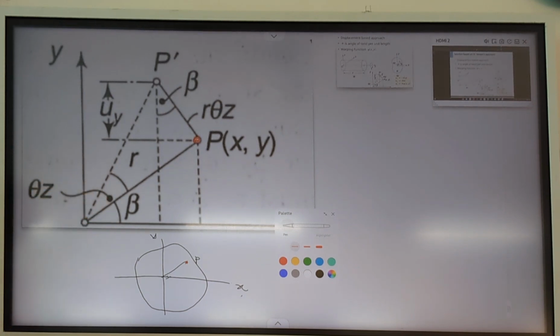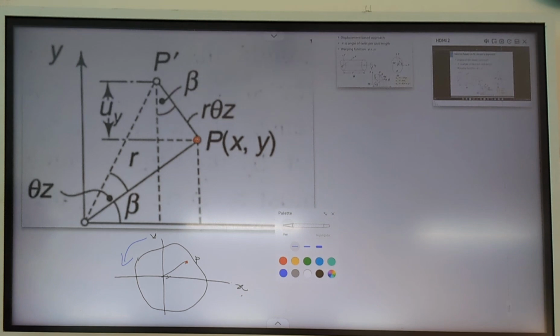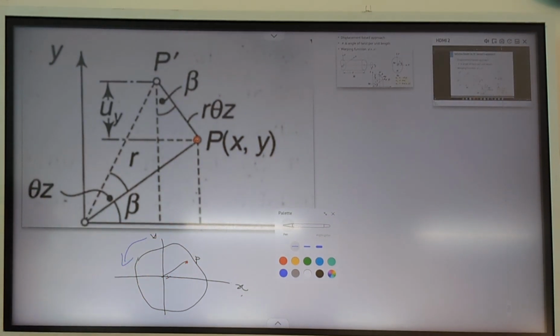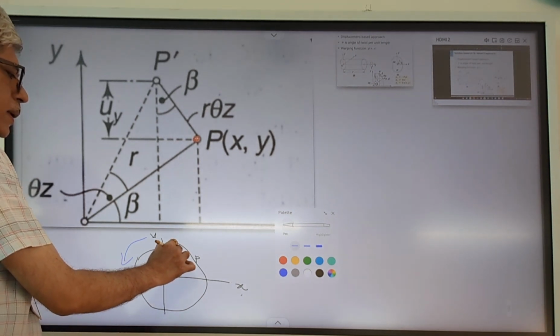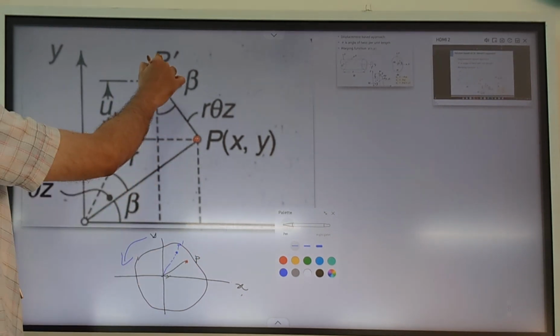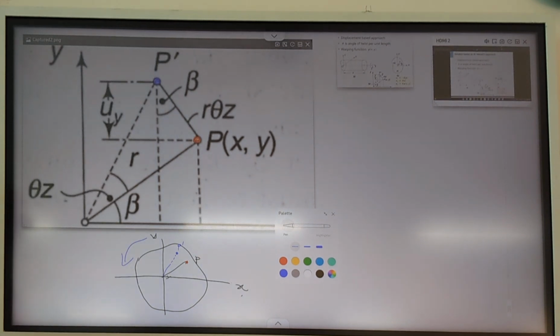Now because we are applying torque to this shaft, this point is going to twist, so it is going to move, so that the original point P becomes P dash. So this P dash point is as defined in this diagram.